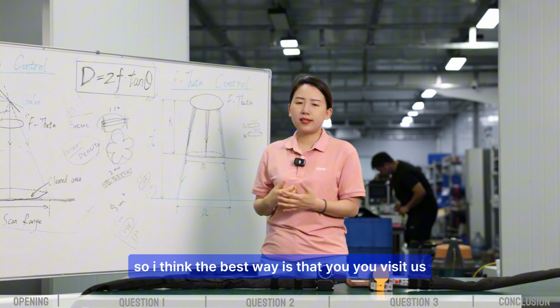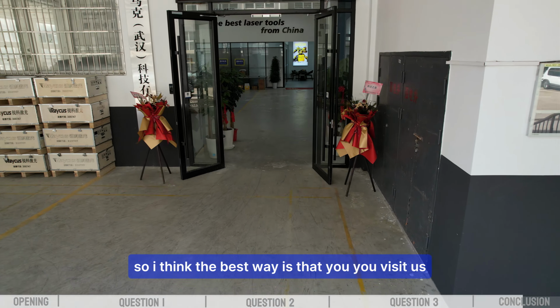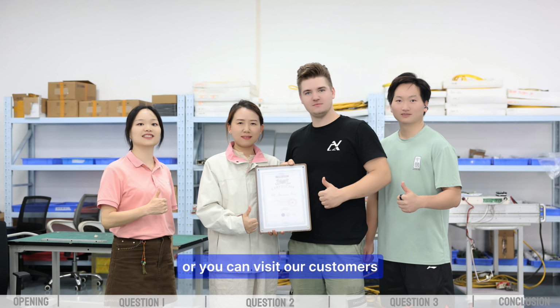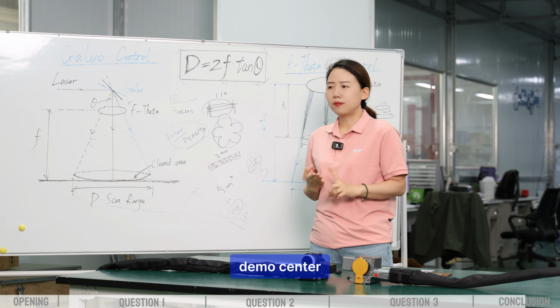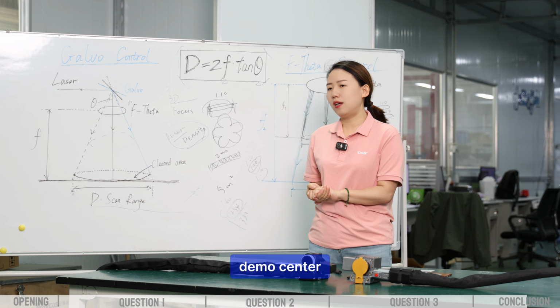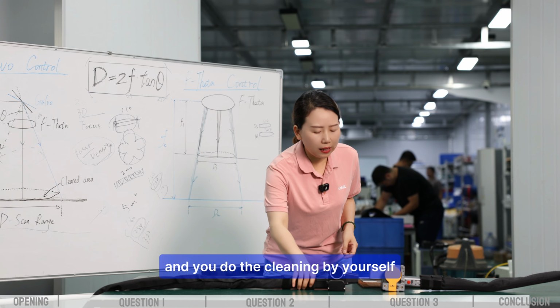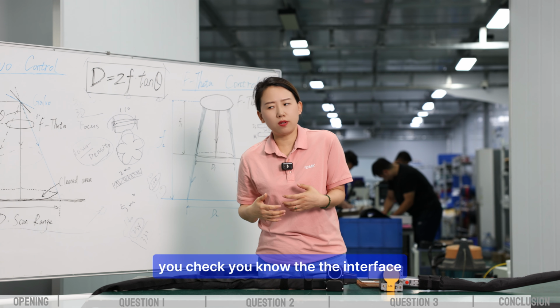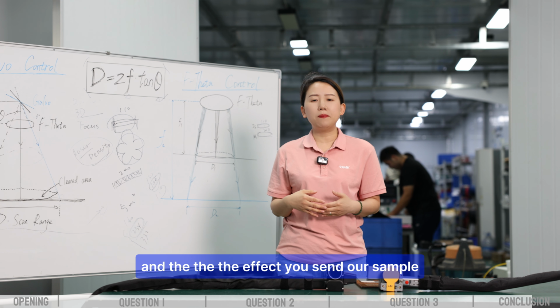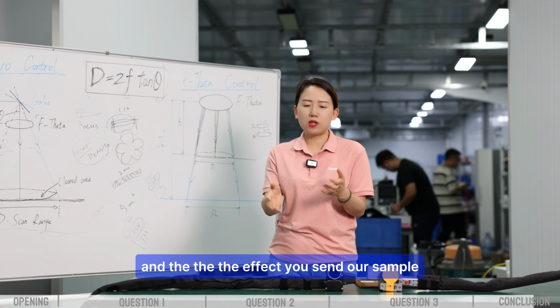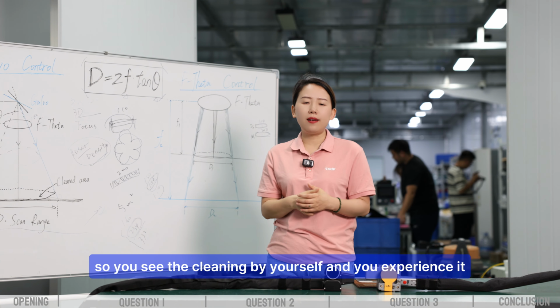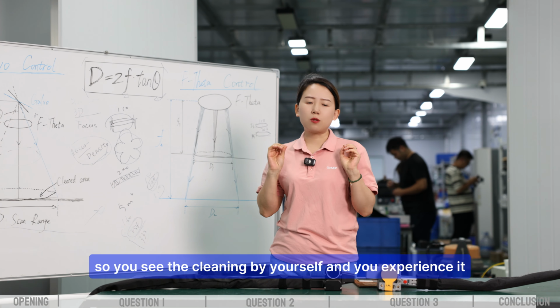So I think the best way is that you visit us, or you can visit our customers. You can visit our demo center, which is closer to you, and you just pick up the gun and do the cleaning by yourself. You check the interface and the effect. You send us your sample, so you see the cleaning by yourself and you experience it.